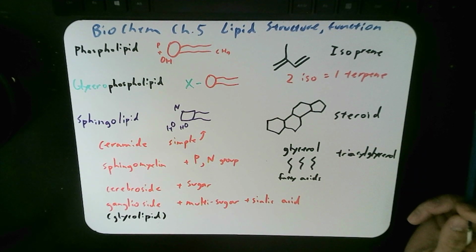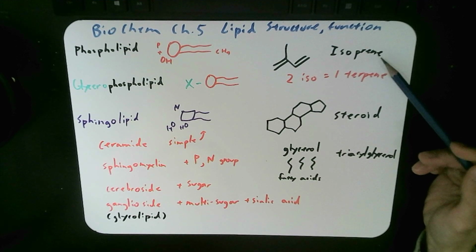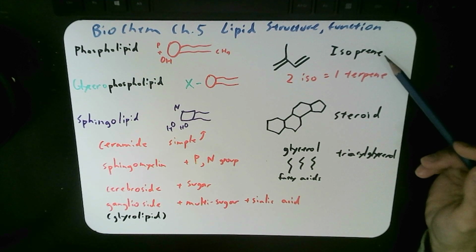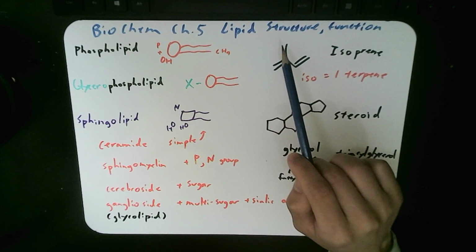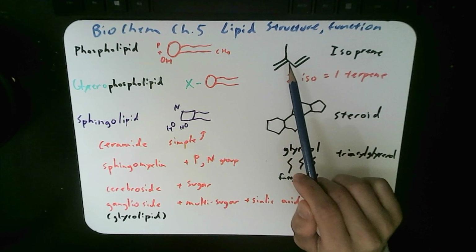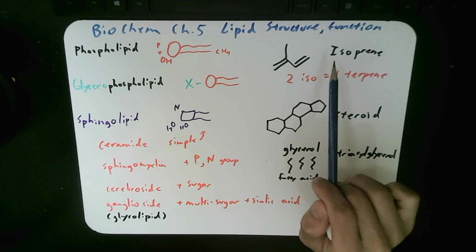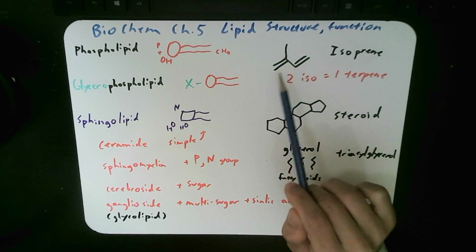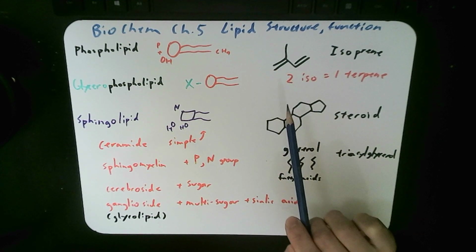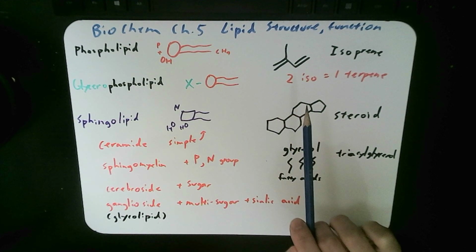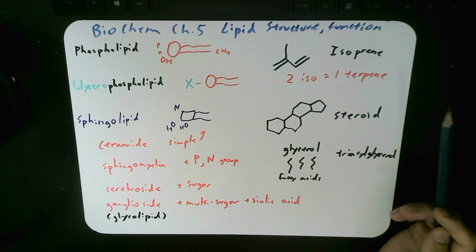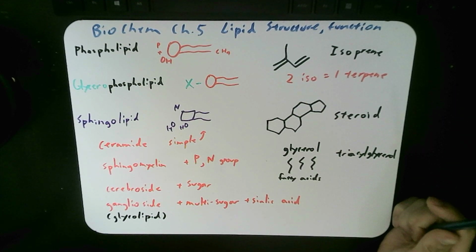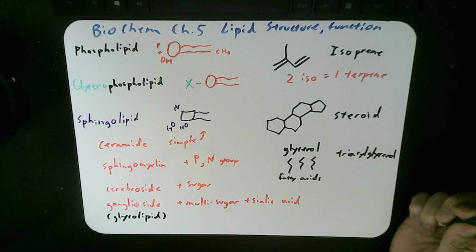Alright. Then we have isoprene. Isoprene units are just the single basic parts of terpene units. So 1, 2, 3, 4, 5. 5 carbons, and there are 2 double bonds in it. And what you could do is join them together. 2 isoprenes make 1 terpene, and terpenes are the basis for many aromatic substances.